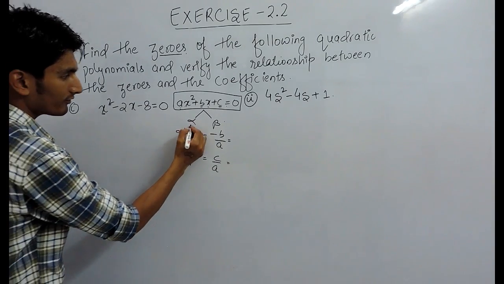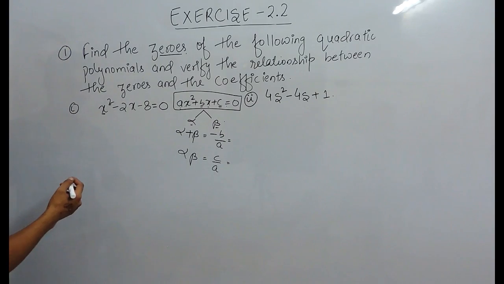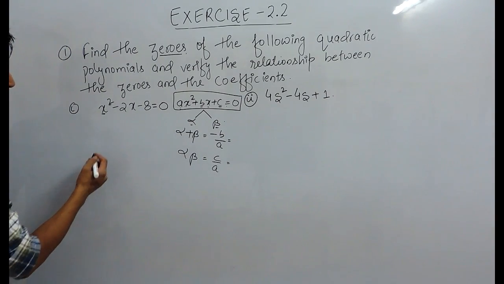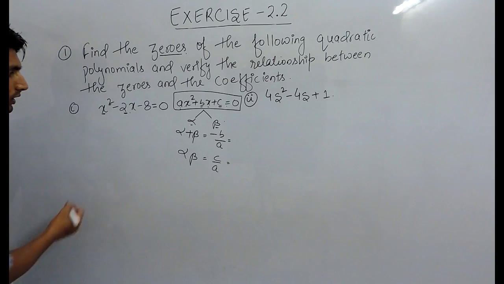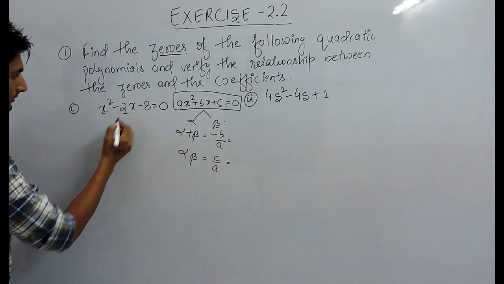So first of all, you have to find the zeros, or you can say the values of x satisfying this equation. For that, you have to adopt the middle term breaking method.